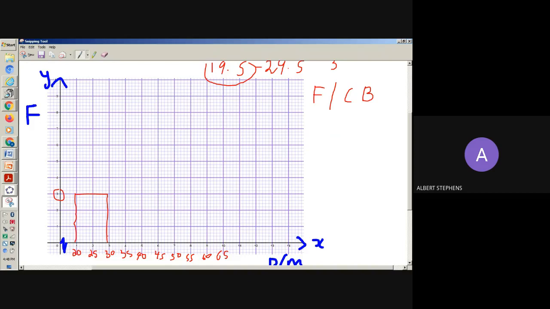All right. Then we notice what comes after 29.5. What's the other row? 29.5 to what? 39.5. Now we notice about the first column, it continues.